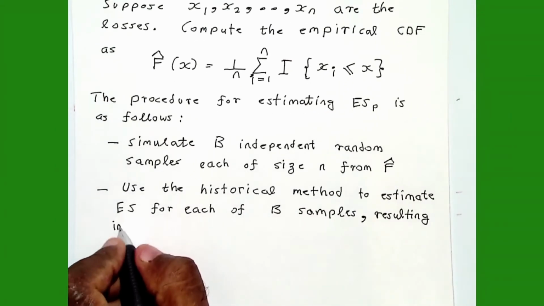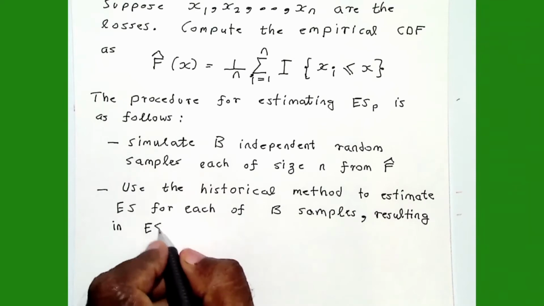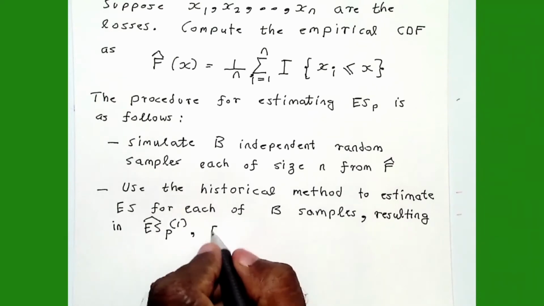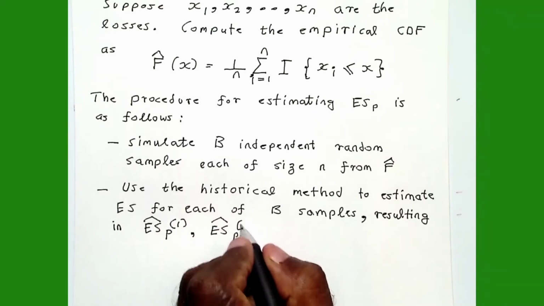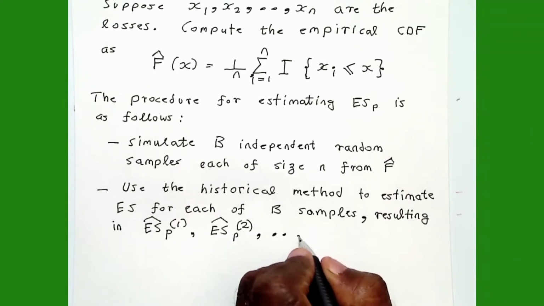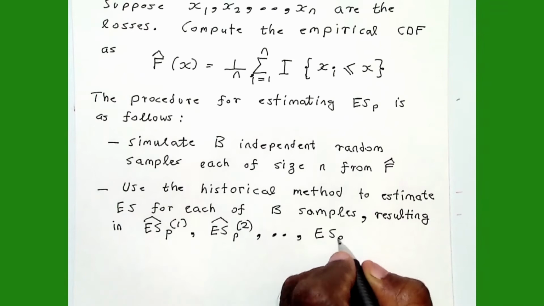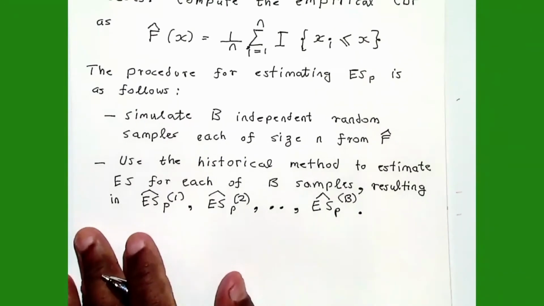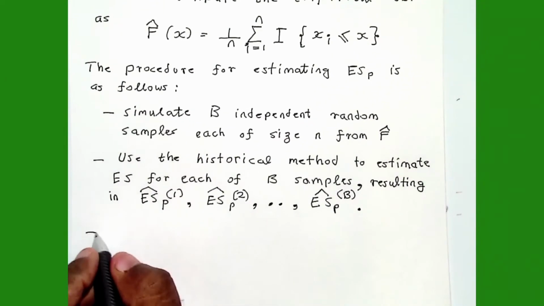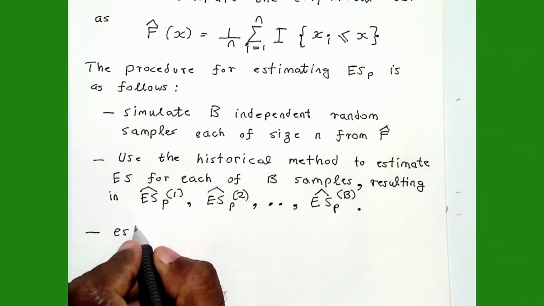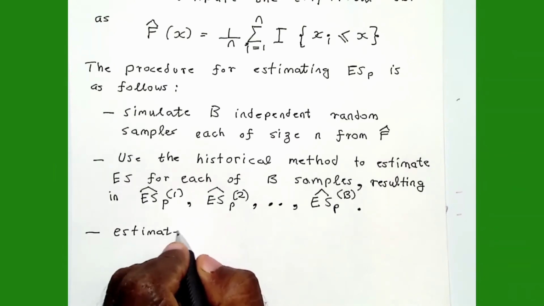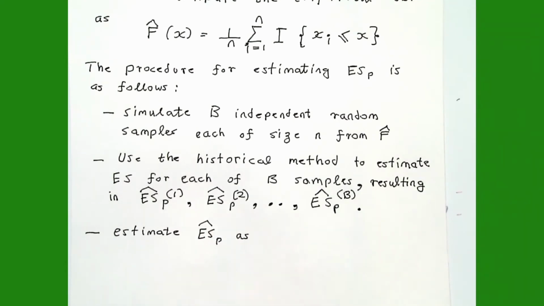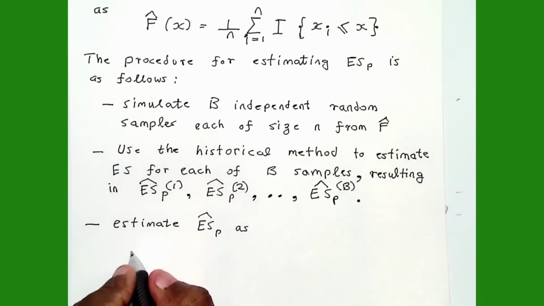This results in the following estimators. For the first random sample, let this denote the estimator. For the second random sample, let this denote the estimator. And so on. You have B random samples, so let this denote the estimator for the Bth random sample. The final step is to estimate the overall expected shortfall estimator as the following.